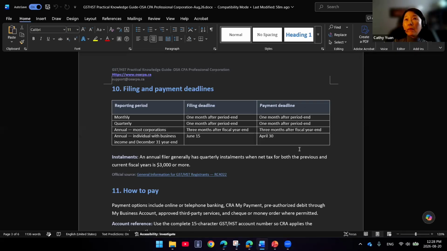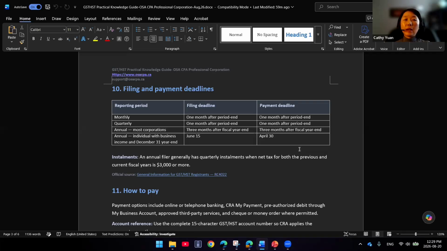And also, one more important thing is that the fiscal year for GST is better aligned with corporation tax. If your business is incorporated, the corporation income tax fiscal year end is better to be the same as GST/HST, because otherwise you have to do lots of reconciling to do the tax return.